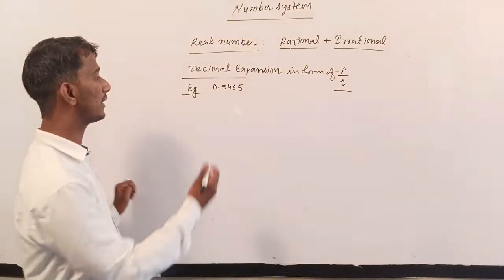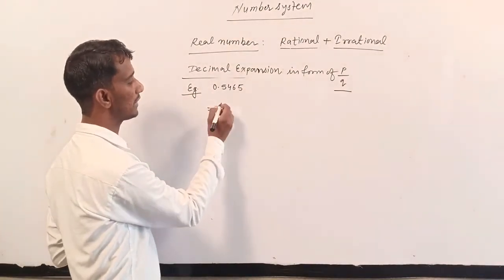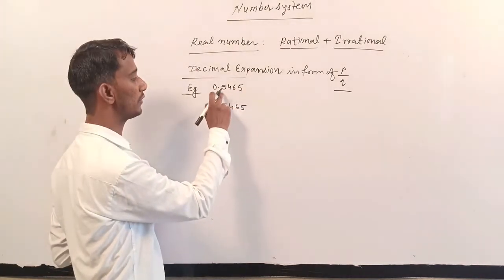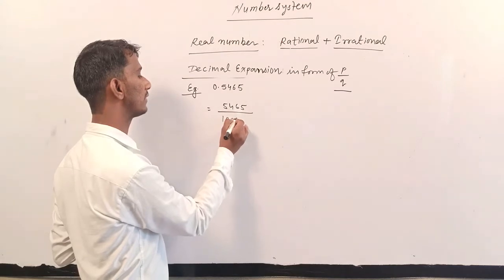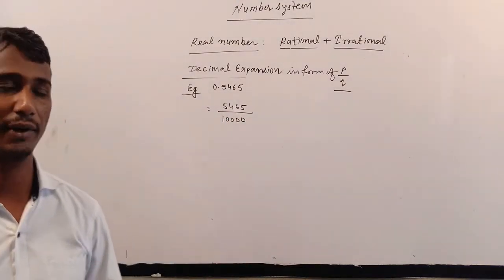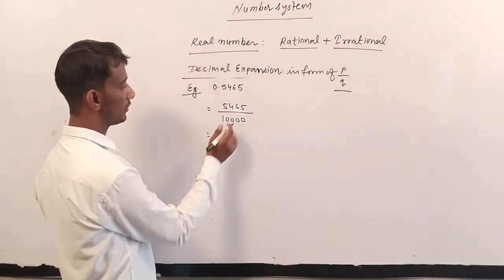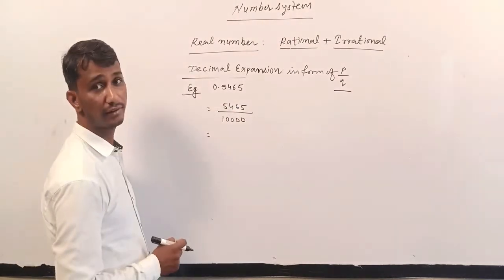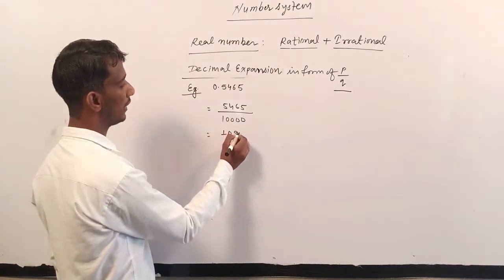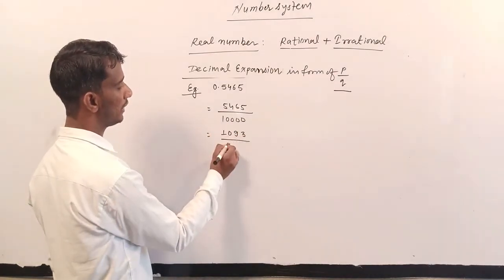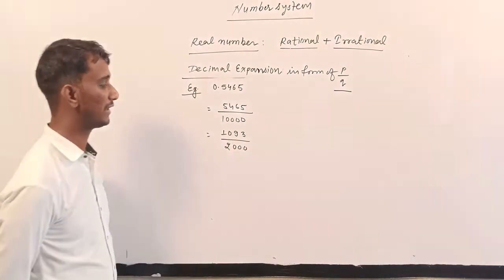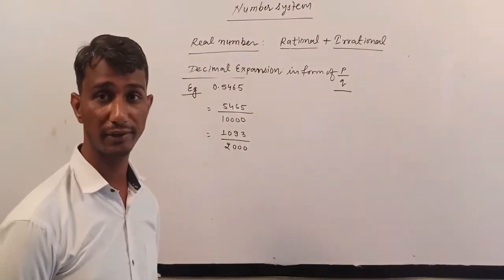So you can convert it directly. Remove the decimal sign: 5465. Count the decimal places: 1, 2, 3, 4. Put them in the denominator. Now you can simplify. You can divide both numbers by 5, so we get 1093 upon 2000.